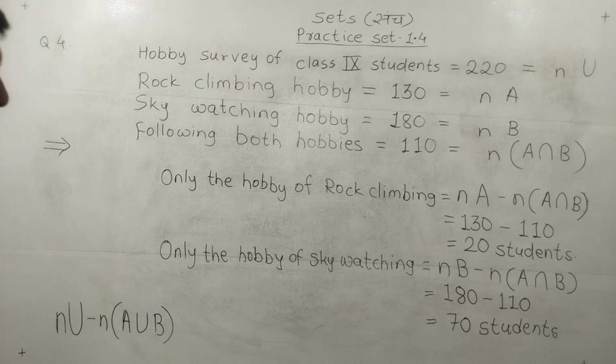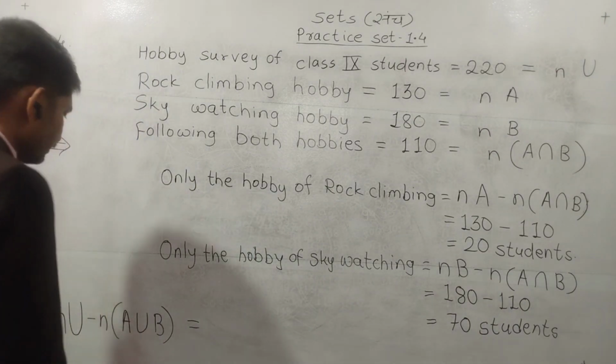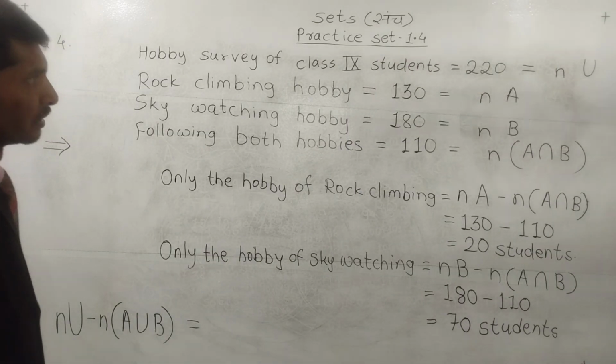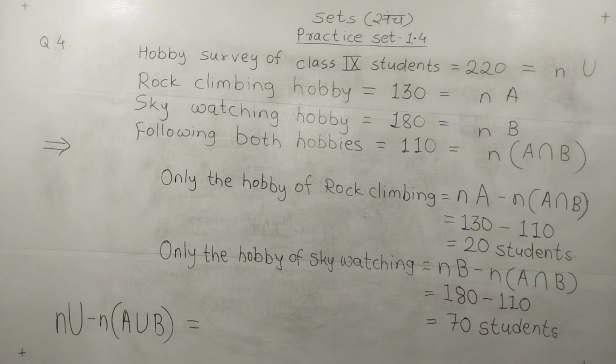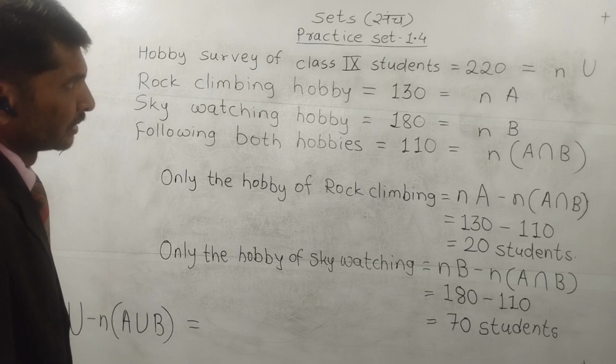Okay, total students who are coming in the survey, that number is 220. Okay, so how can we do this subtraction? Now A union B. A union B means what? The total elements we have to count in a set A as well as in a set B.